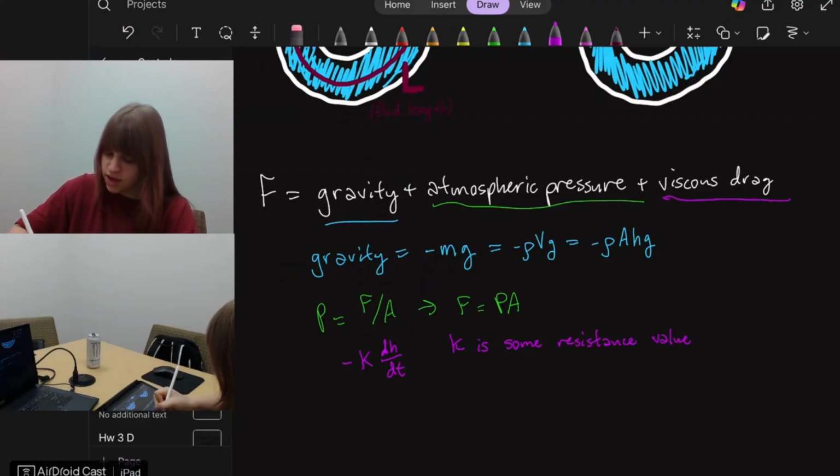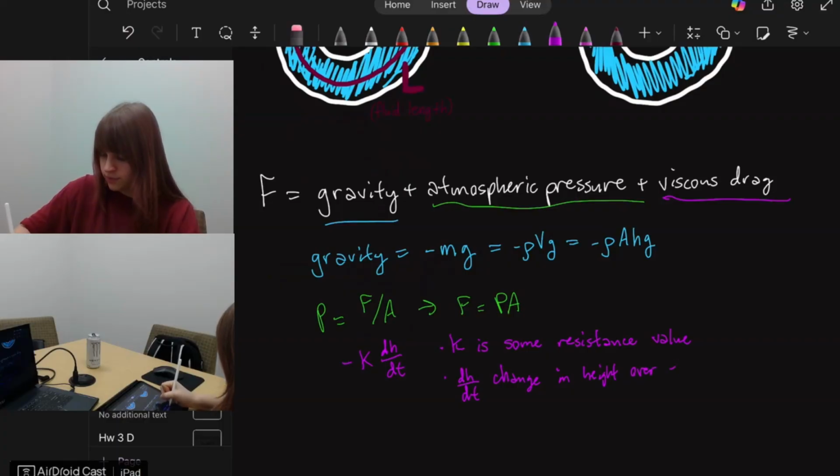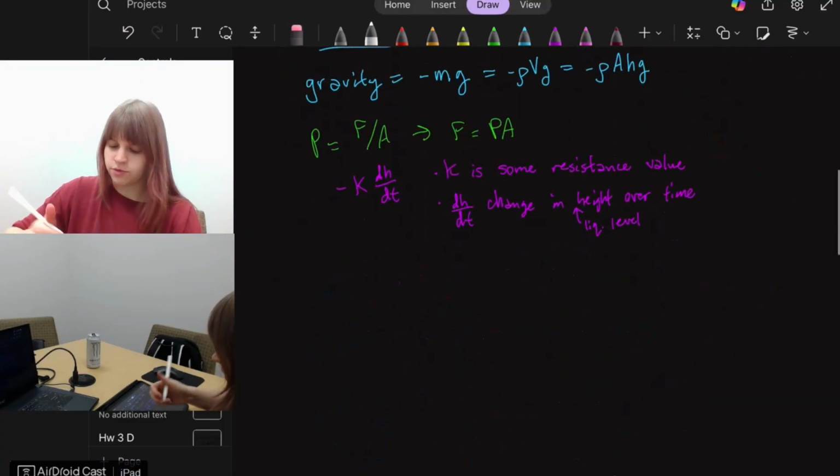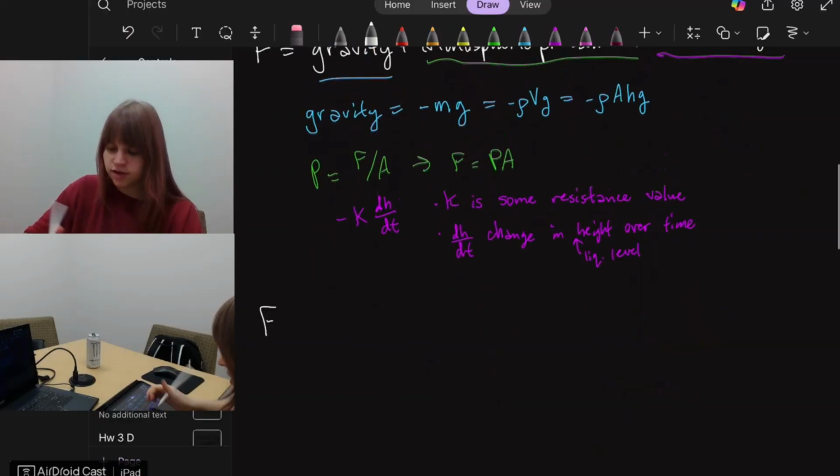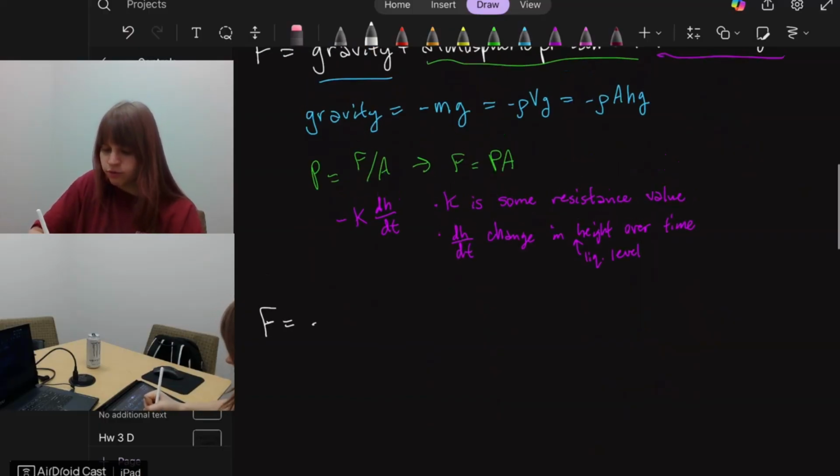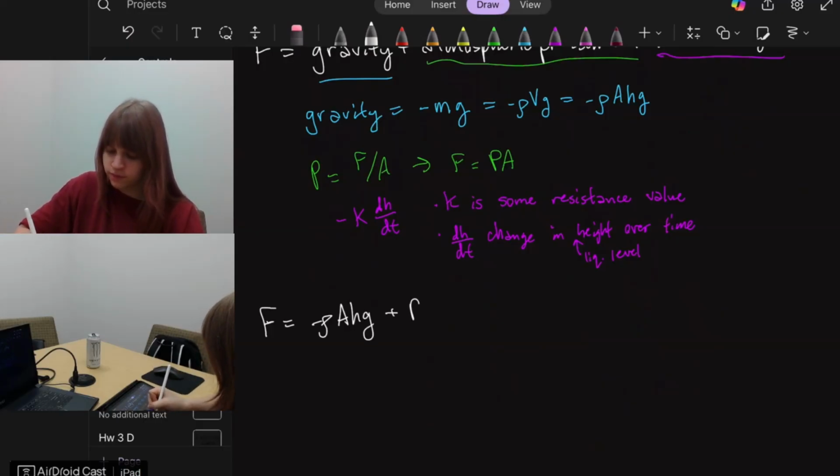And then this dH/dt is the change in height over time, and this would be liquid level height inside the manometer itself. So as of right now, we have F is equal to negative rho A H g plus PA minus K times dH/dt.